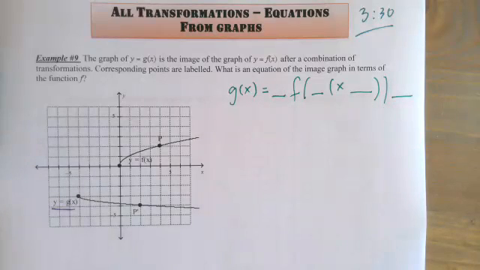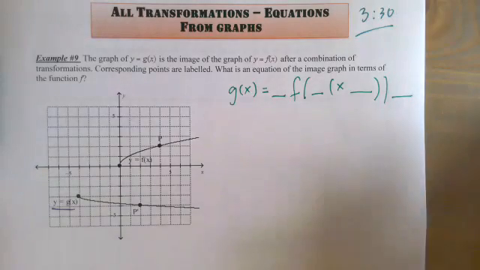Now, I gave you at the bottom a method. The first step is to identify reflections, and the second step is to identify translations. Either order is fine, you have to figure them out, but these seem to be the easiest ones to spot when you use the graphical approach.